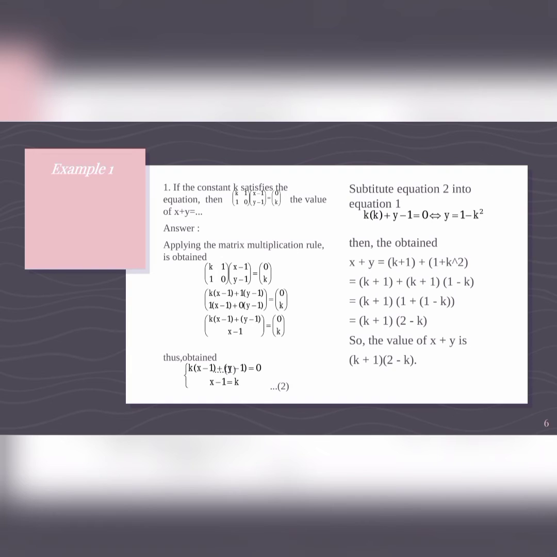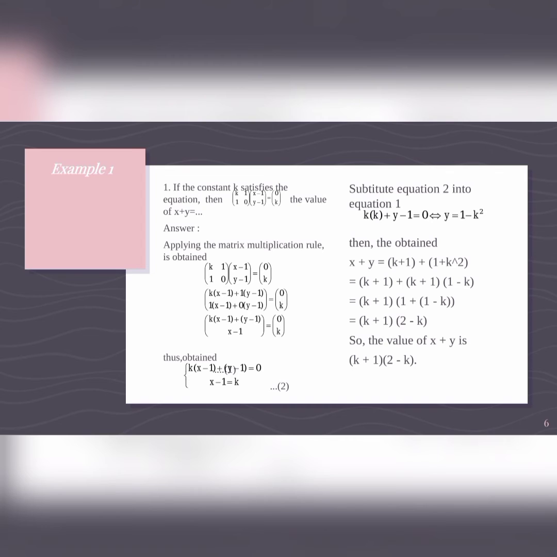Then obtain X plus Y equals K plus 1 plus 1 minus K square, which is K plus 1 plus K plus 1 times 1 minus K. The next, K plus 1 times 1 plus 1 minus K, and the result is K plus 1 times 2 minus K. So the value of X plus Y is K plus 1 times 2 minus K.